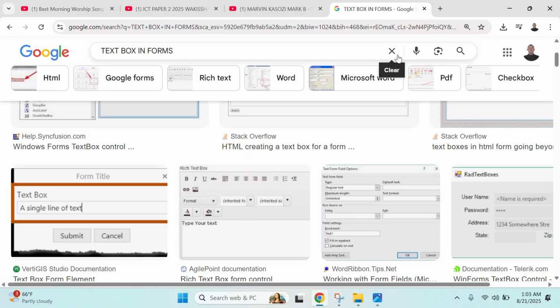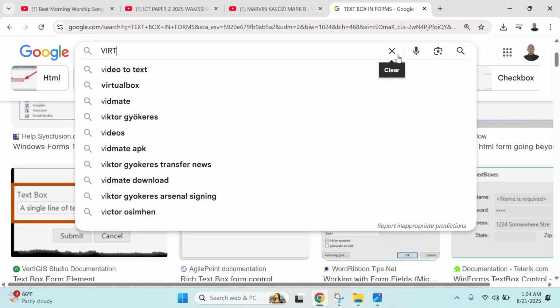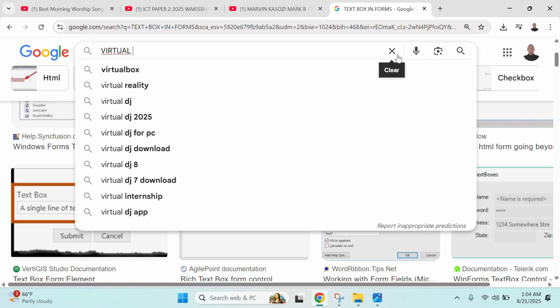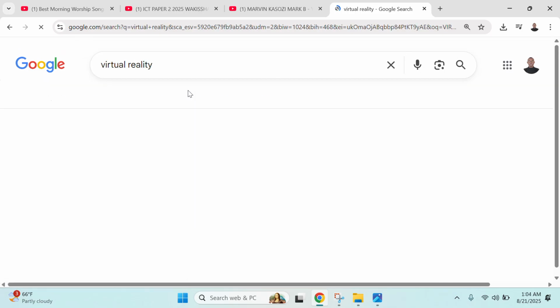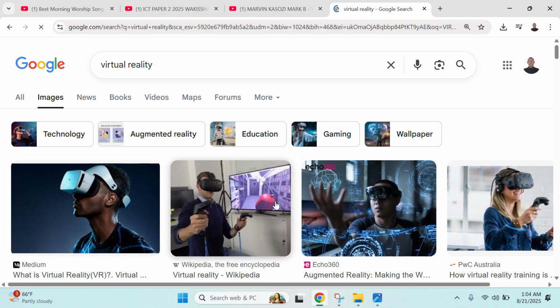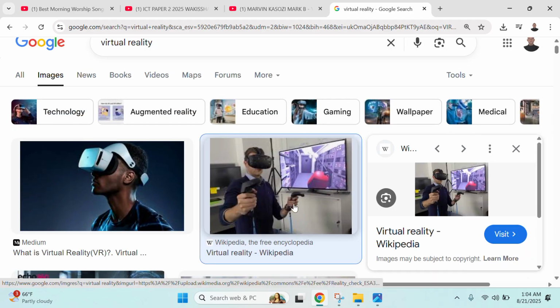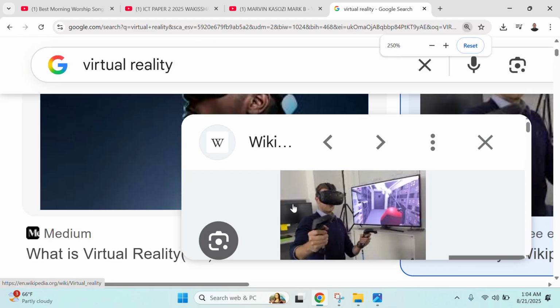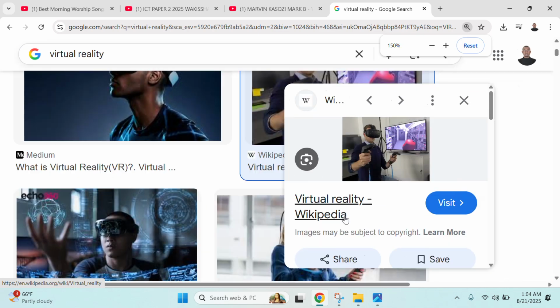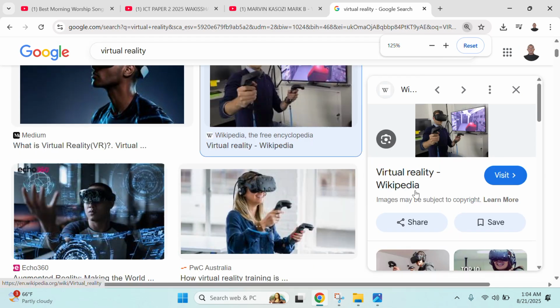Back to my Google, if I can use my Google here, search for virtual reality. Something like this. If you can look at this individual here, what they're doing, an environment has been created.